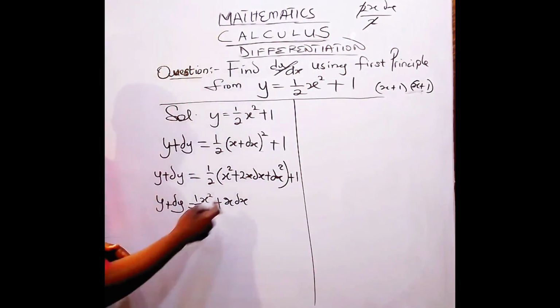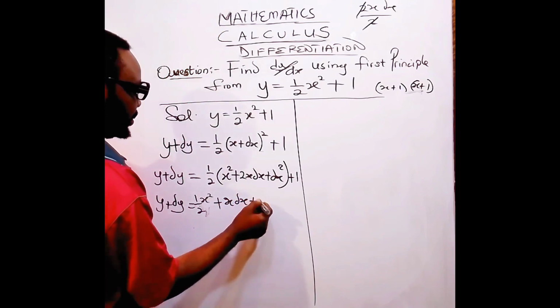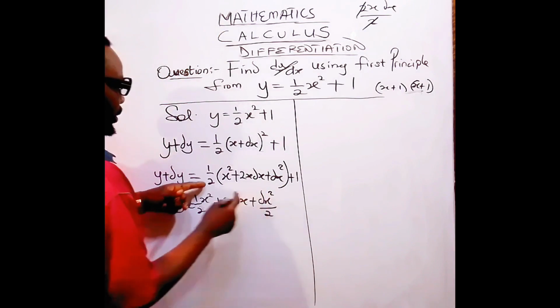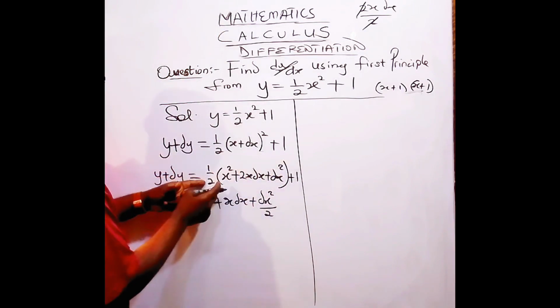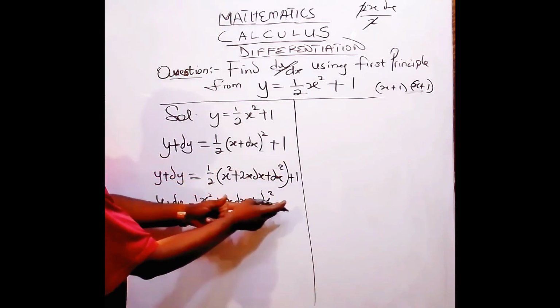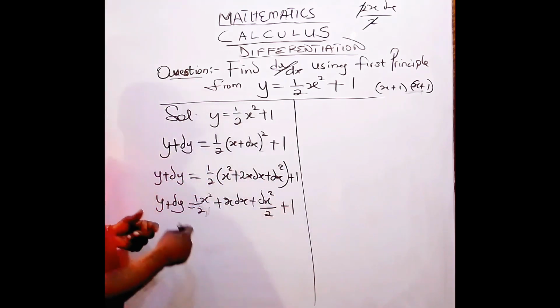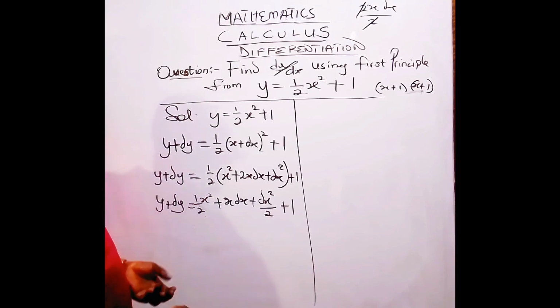That will be the remaining x dx plus the dx squared over 2. You know, dx squared multiplied by 1 over 2 is dx squared times 1 over 2, plus 1. That is the value we have so far right now.